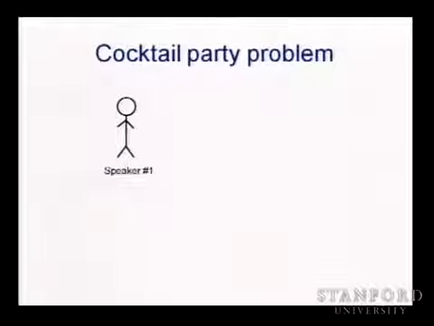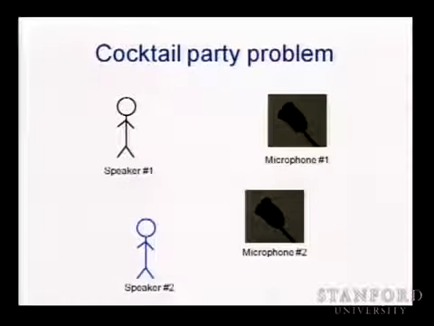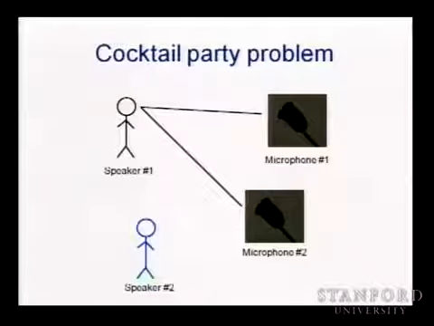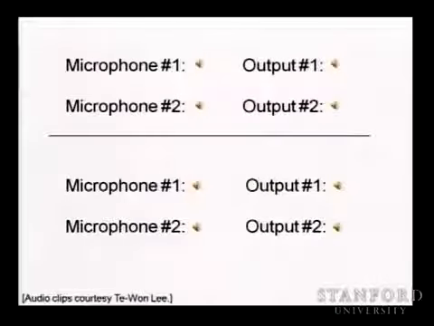This is a slide that I showed in lecture 1 of the cocktail party problem. Suppose you have two speakers at a cocktail party, and you have two microphones in the room hearing overlapping sets of two conversations. Can you separate out the two original speaker sources? I played this audio in the very first lecture. Suppose microphone 1 records this.